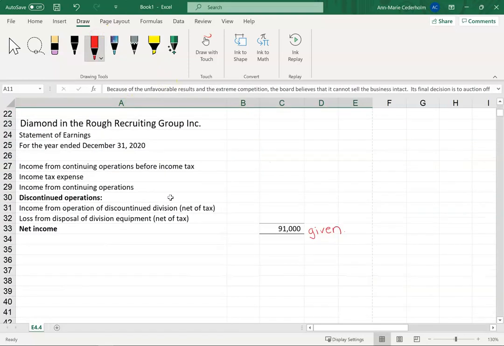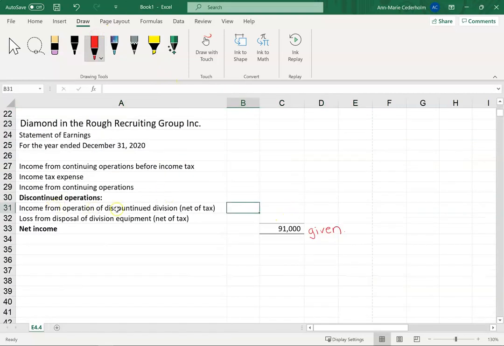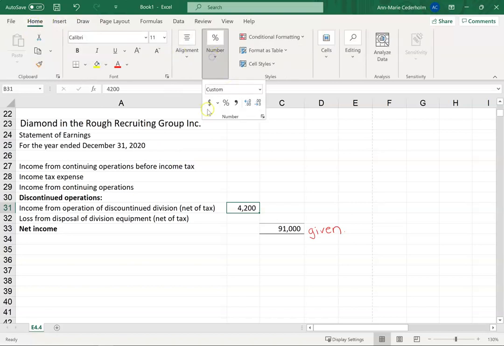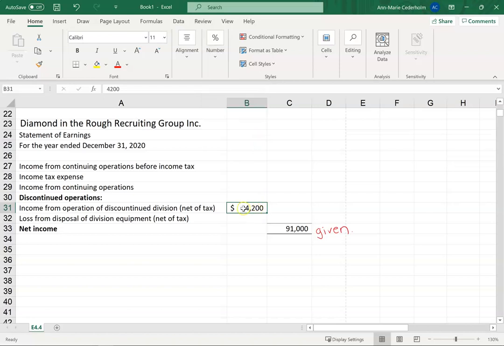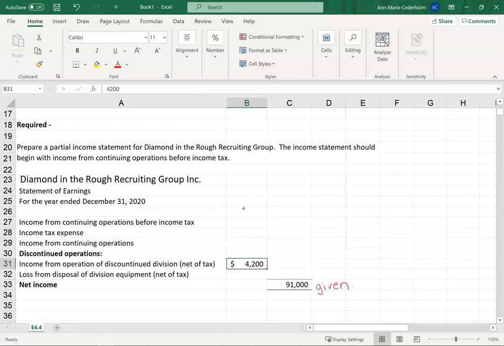So under the discontinued operations, I have income from operations of discontinued division, and they said it was net of tax, so I can put that amount in. And I'll just make a note that this one was given as well. And so what I'm missing here is the loss from the disposal of the division equipment.